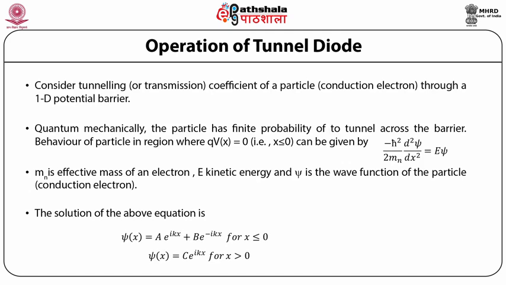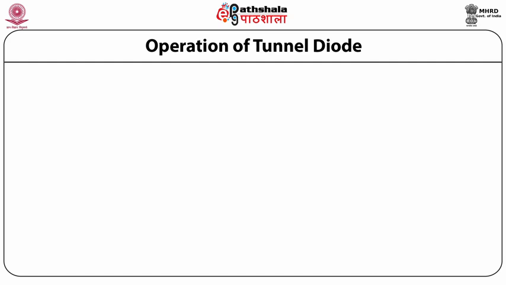The second equation represents the transmitted wave function having amplitude c. Now here, as you can see, there is one more parameter, that is k, which is equal to root of 2mnE by ħ square.